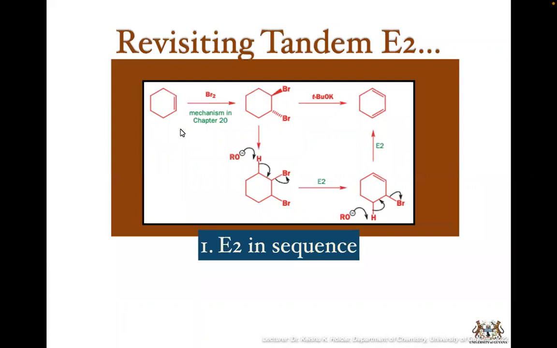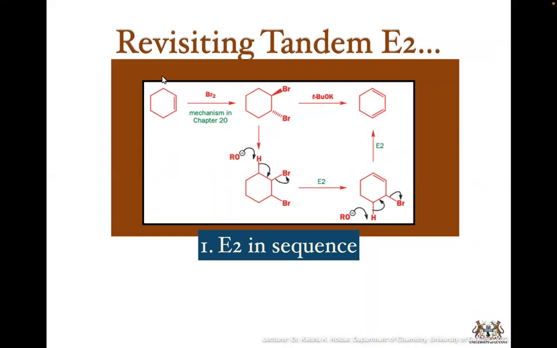If you recall, when we were talking about E2 reactions, we saw a sequence where I said to you guys we weren't going to talk about a particular step because we hadn't been introduced to it yet. Well, now we have been introduced to it.